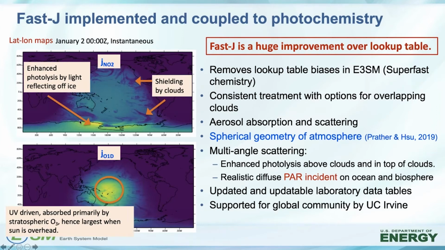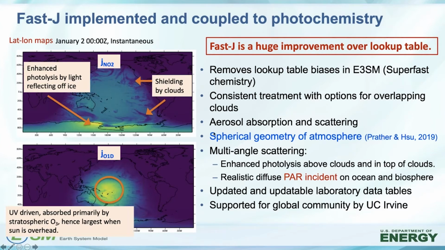We see the enhanced photolysis with the light reflecting off ice in the NO2 photolysis rate, and there are regions covered by clouds. And the O¹D photolysis is mainly driven by the UV radiation, so it peaks where the sunlight is overhead.